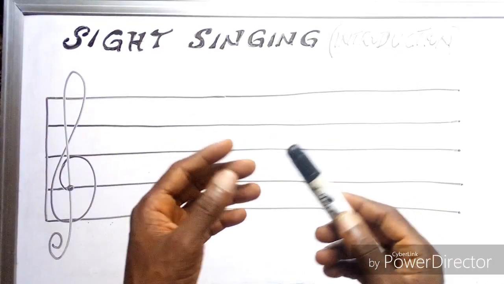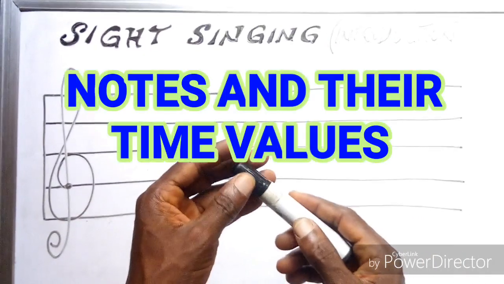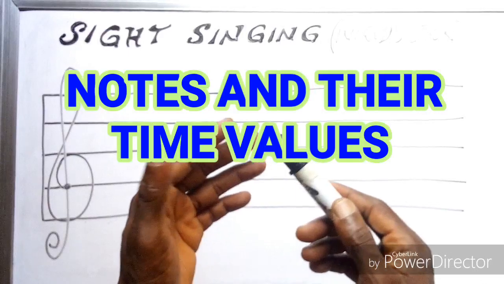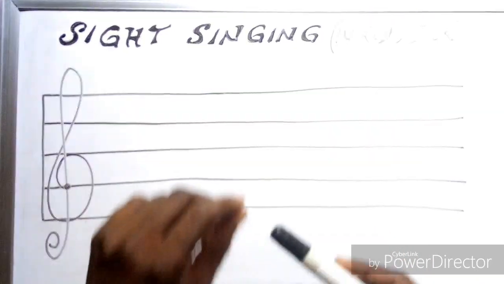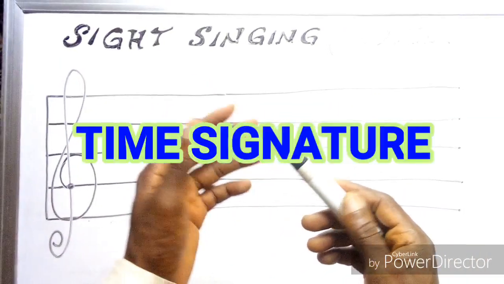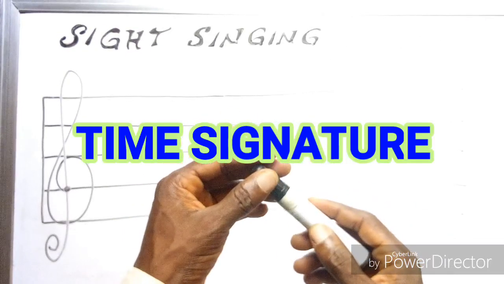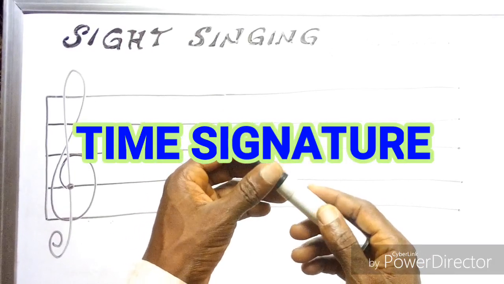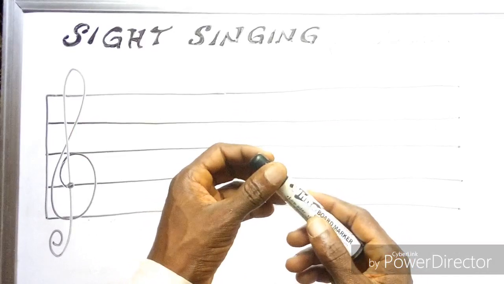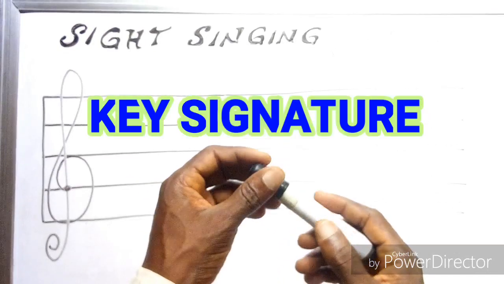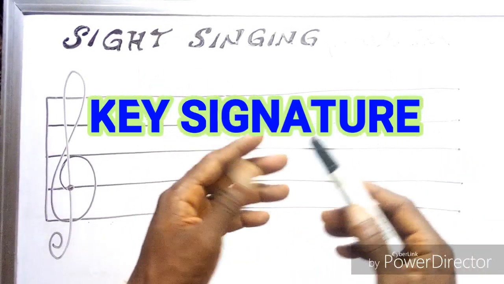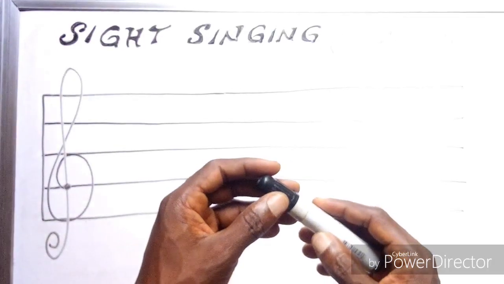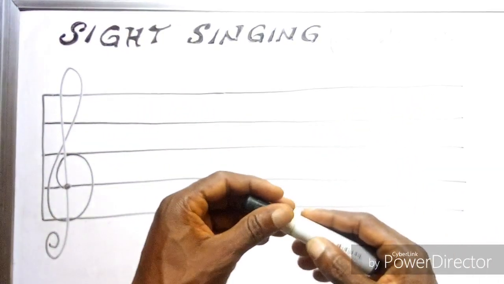You should also have the knowledge of the different notes and their time duration. Also, you should know what a time signature is, different types of time signature and their implication, and key signature as well. All these put together will help you to be able to sight sing.